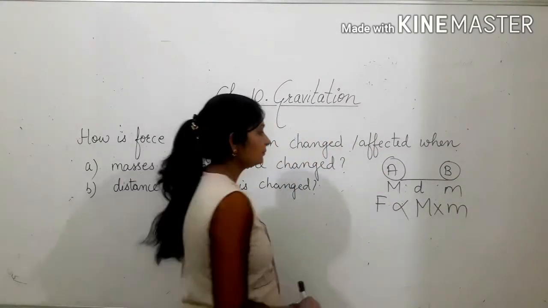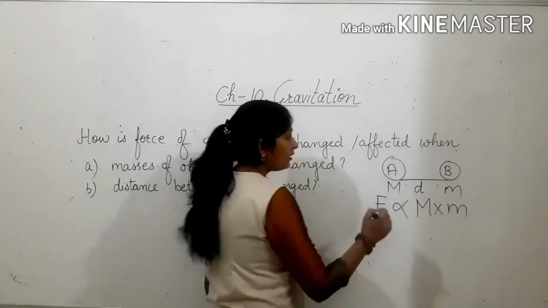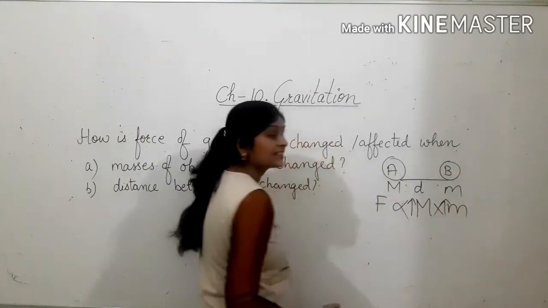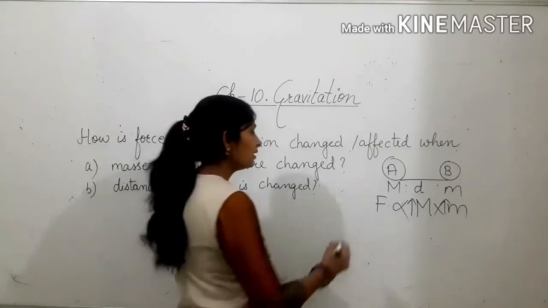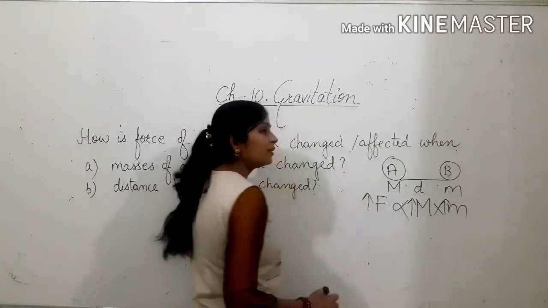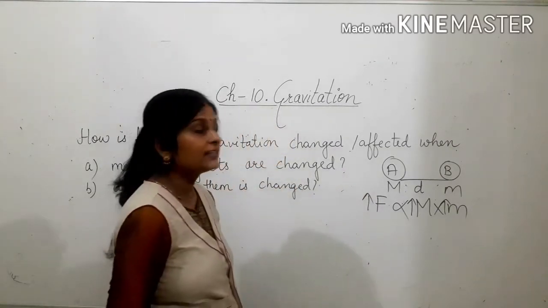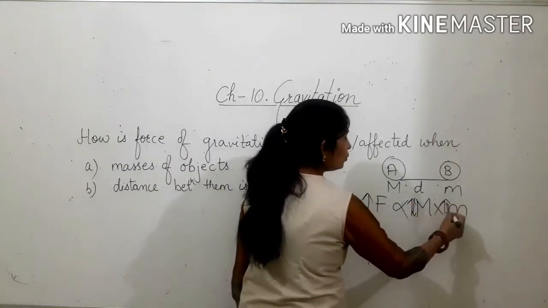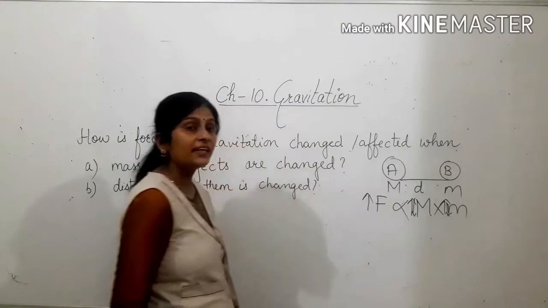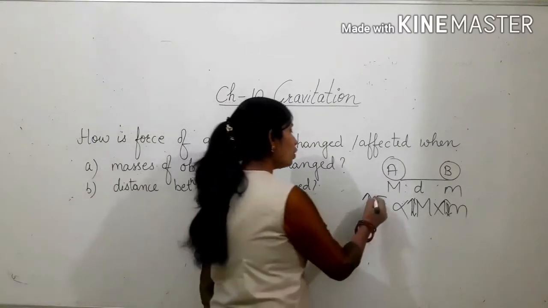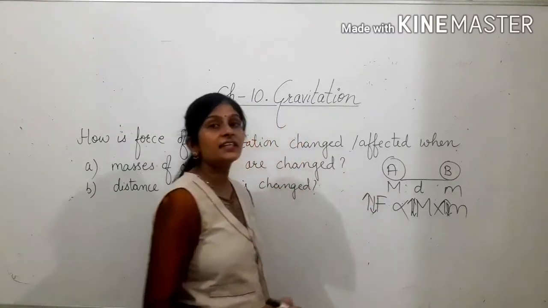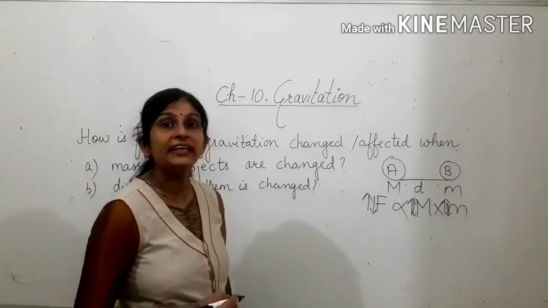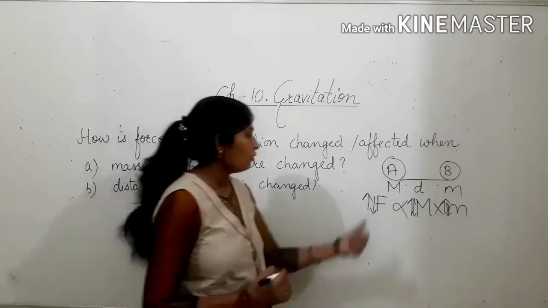It means if masses of both objects increase, then the force between them also increases. If masses of both objects decrease, then the force also decreases. So this is called direct proportionality, direct dependence.